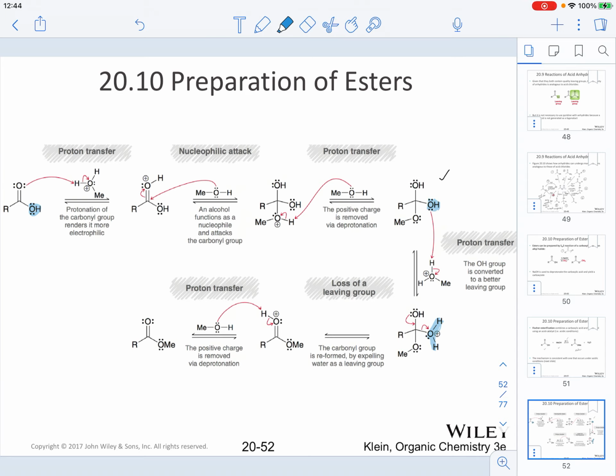So the electrons from the OH, you can see specifically the oxygen atom is going to take one of its lone pairs, push down to reform that C double bond O, and in turn we're going to have a loss of water. And in the last step of the reaction, we're going to have a proton transfer in which we're going to remove that proton from the carbon oxygen double bond to form the ester.